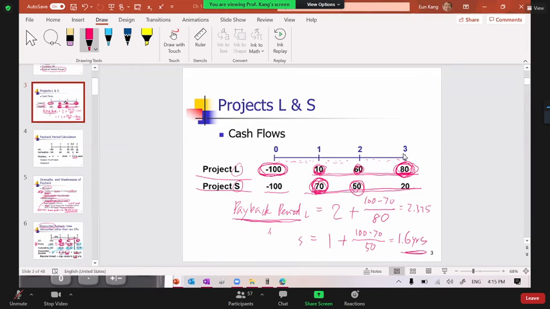And then what is the net present value of S? Just for fun. Active participation rather than passive watching. I'm going with the 10%, right? Yeah, 10%. Yeah, exactly.